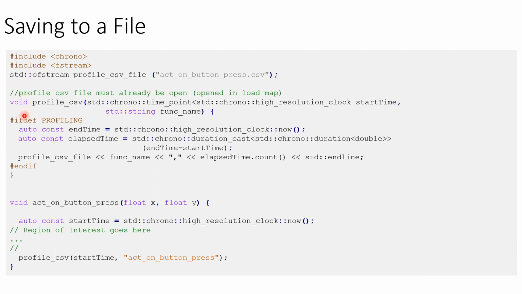So in this code, if profiling is defined, it will save the elapsed time and output everything to a CSV file, separated by commas, because CSV files are separated by commas. And you can do this for every function that you're interested in by calling profile CSV.